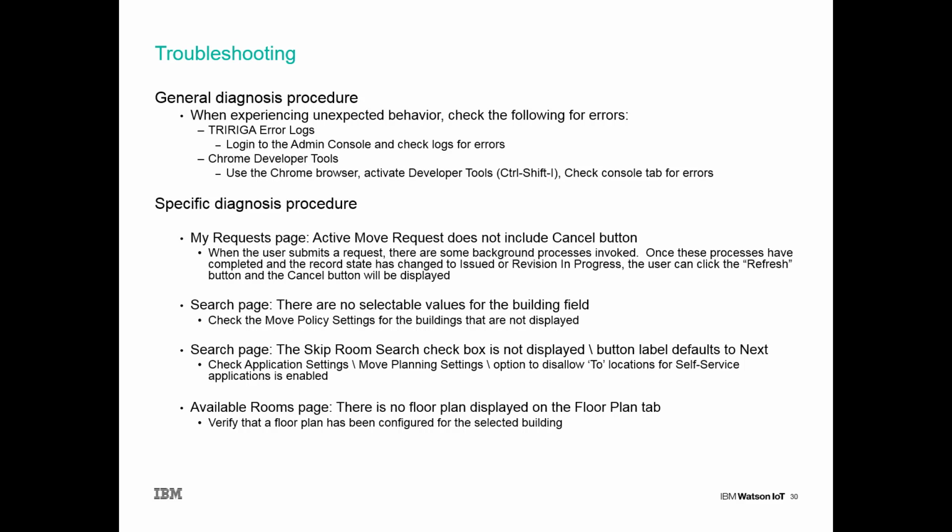That's normal if it's right after you've submitted the request, because that request may be going through an approval process, and the request has to move through different states. Once it's approved, then we can add the cancel button and allow you to cancel that request once it gets to certain states. So to get around that, if you just refresh the screen, eventually the cancel button will be displayed, depending on how long the approval process takes.